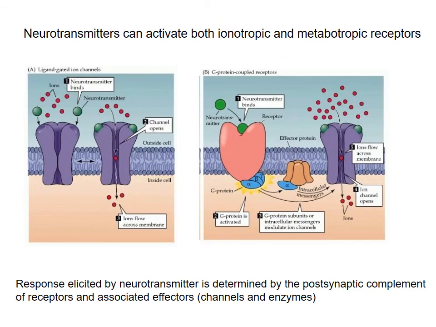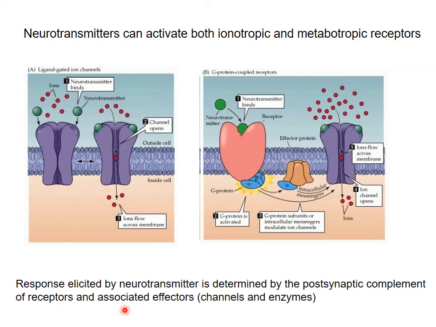And finally, what I want to leave you with for this first part is that neurotransmitters, quite a few of them, such as glutamate, GABA, serotonin, can activate both ionotropic and metabotropic receptors at the same time. So when released presynaptically, they can bind on the postsynaptic cell to both of these different kinds of receptors, both ionotropic and G protein coupled receptors.